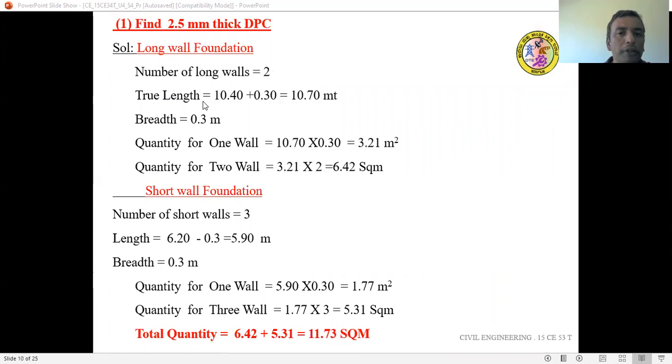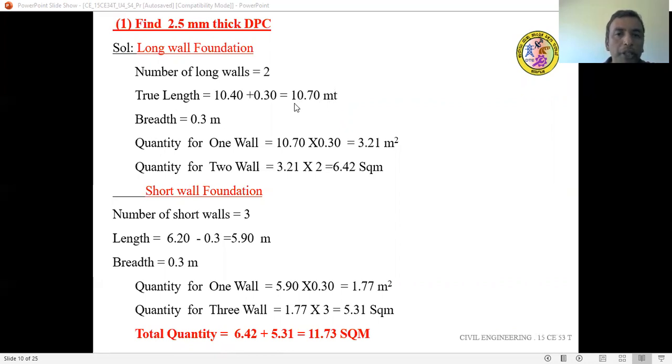Next, the true length of the long wall for DPC is calculated by knowing the center to center length of the long wall, plus you have to add one breadth, that means 0.3 meter is the width of the DPC. Then you will get 10.70 meter as the true length of the long wall.